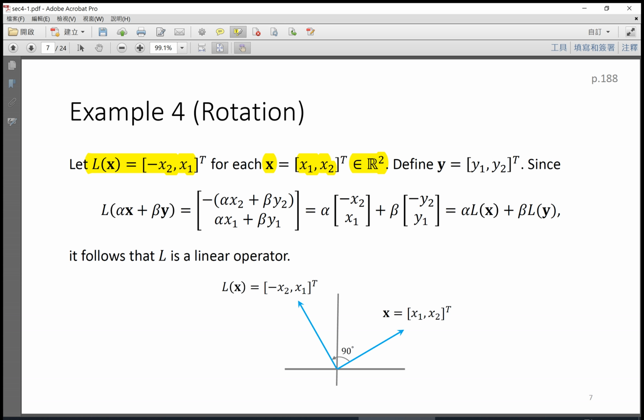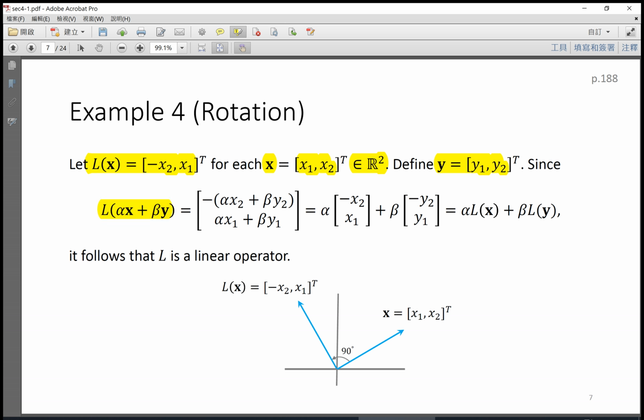We also define another vector y in R2 as (y1, y2). We want to prove that L is a linear transformation, so we have to show L satisfies both the homogeneity and the additivity properties. To this end, we consider L(αx + βy).